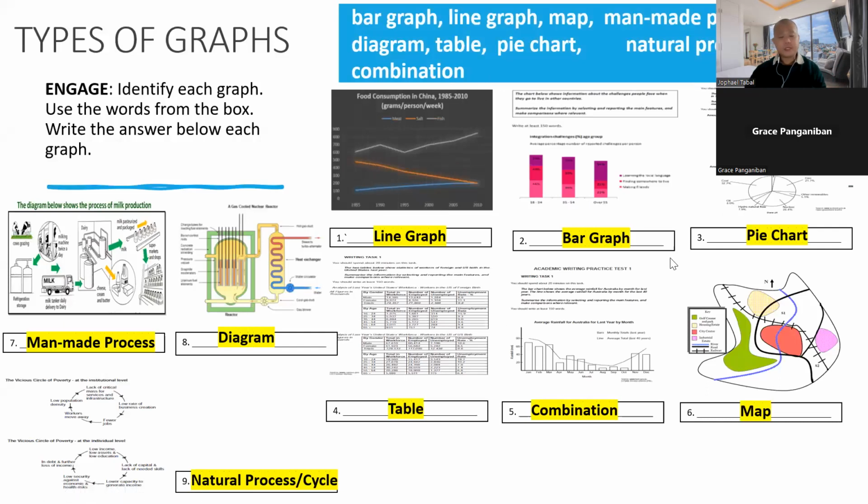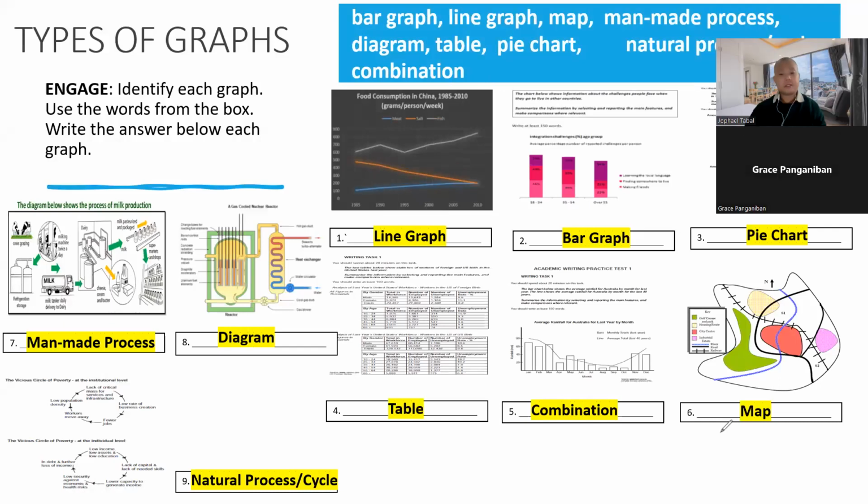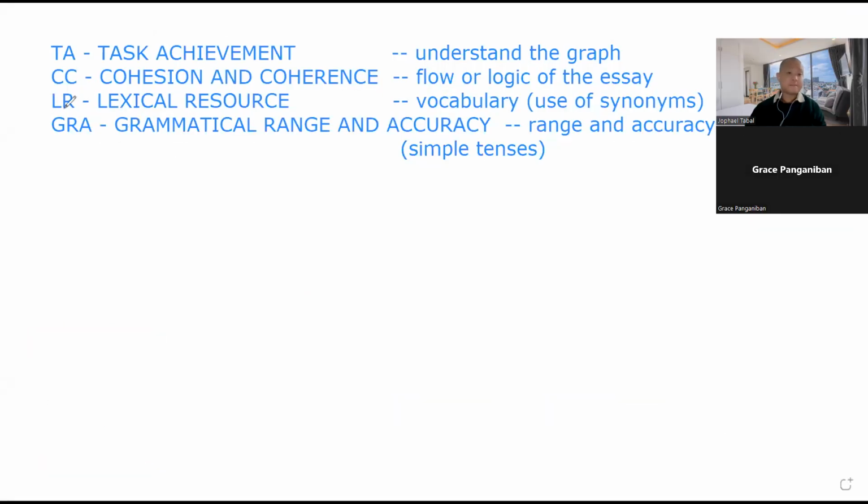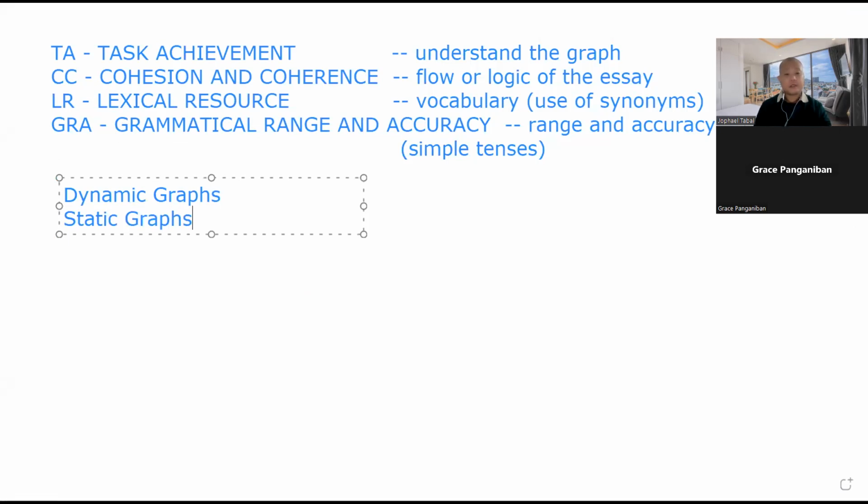In general, there are 9 graphs, but these graphs can be subdivided into three. There are dynamic graphs, static graphs, and maps and diagrams.